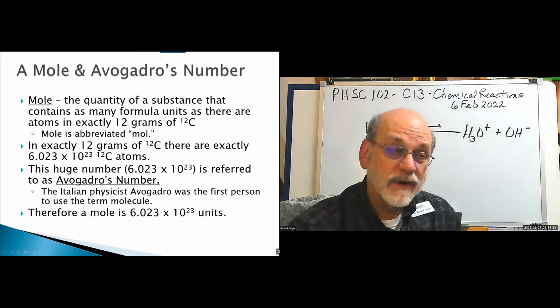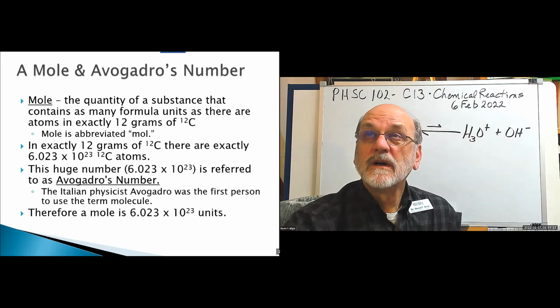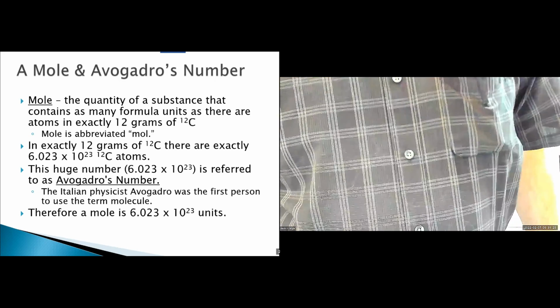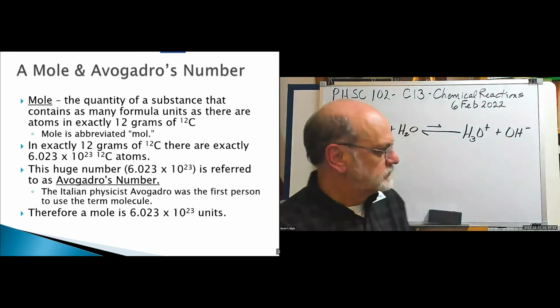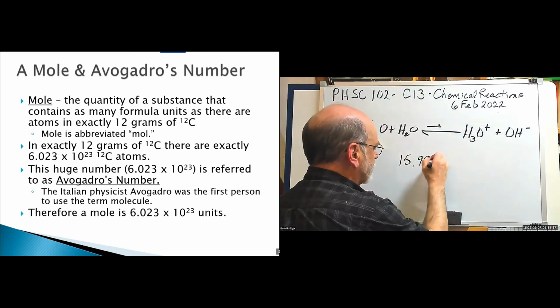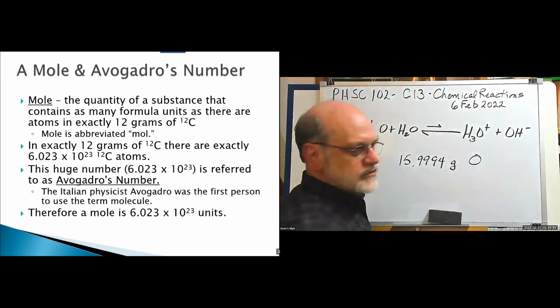So when we look at the periodic table and we see a value for, let's see, oh, I don't know, 15.9994 grams of oxygen.